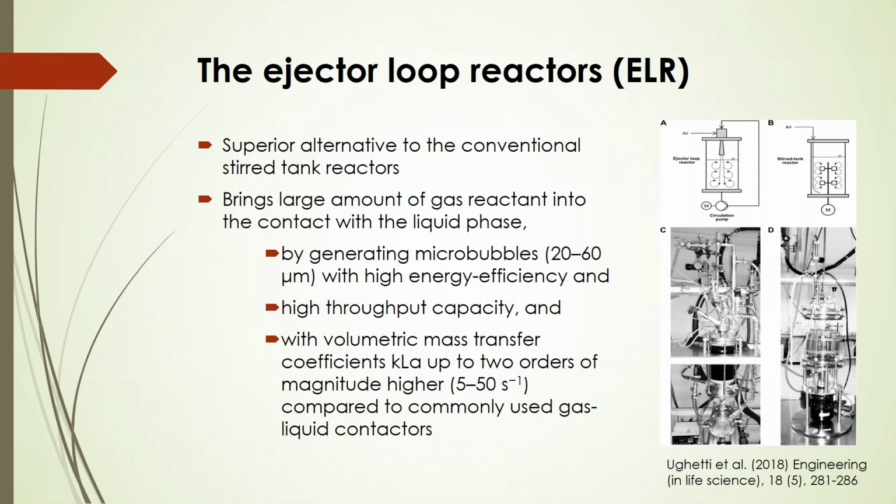In stirred tank reactors you are using a mechanical device to stir the fluid in the reactor, whereas in the ejector system the advantage is that you can have high shear and mixing inside the reactor, as well as the formation of cavities and more finer bubbles and more interfacial area. So, that is why it is advantageous relative to the conventional stirred tank reactors.